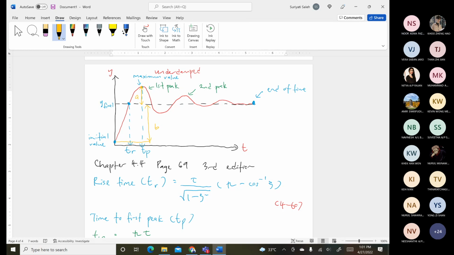So A is the value that exceeds the final value, and B is the interval between the initial value and the final value.